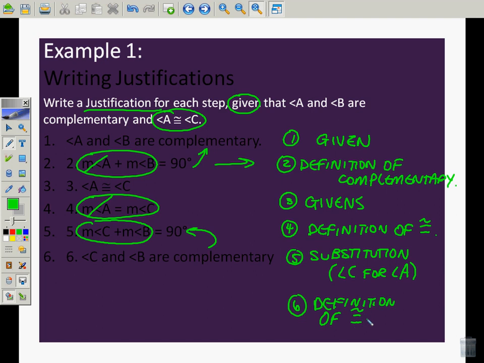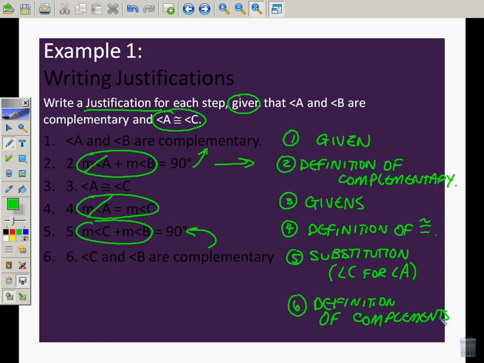So this means that these are complementary. Definition of complements. So that's how this rolls. That's how we go on this little proof trip. We justify each statement as we say it.